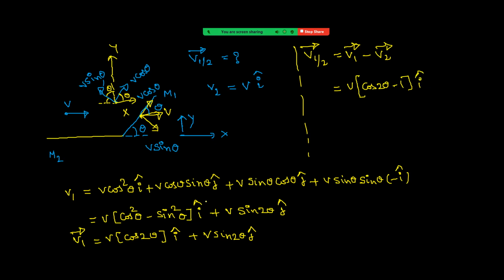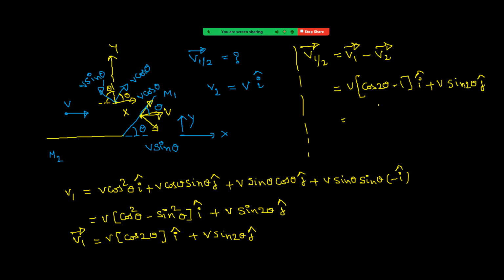I am taking here V1 bar minus V2 bar, it is only v i cap. So I am taking v outside: cos 2 theta minus 1 into i cap, plus, it has no j component, plus v sin 2 theta j cap. Okay. This is our final answer.